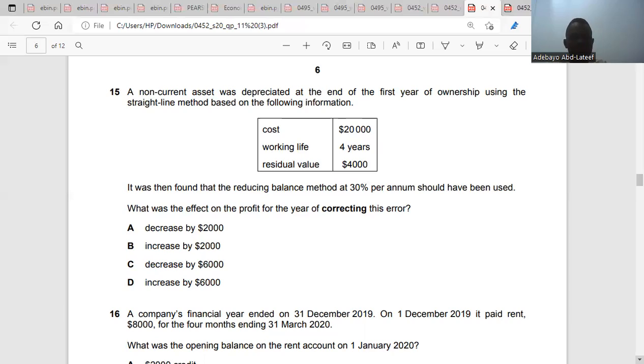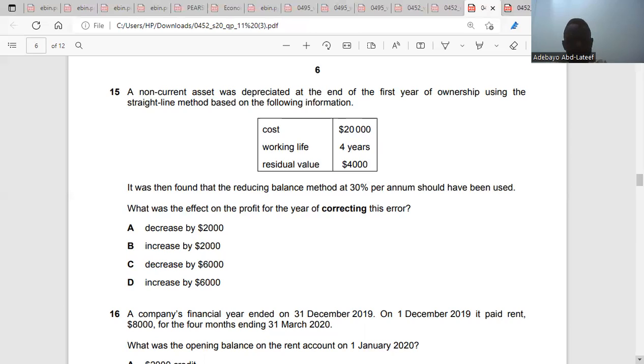Now they said we should use the reducing balance method of 30%. So for the reducing balance method, it will be 20,000 multiplied by 30 divided by 100. That's 6,000. So it's supposed to use 6,000, but here they used the straight line method, which gives 4,000.